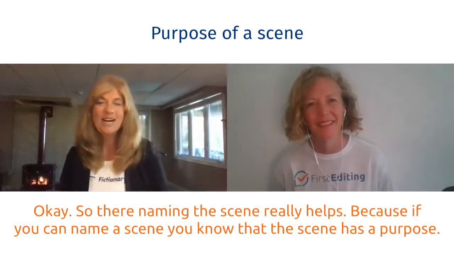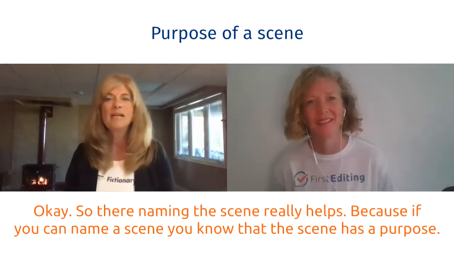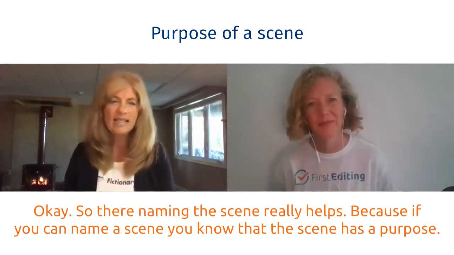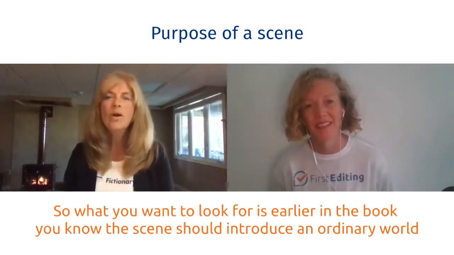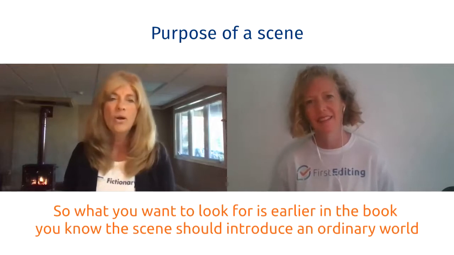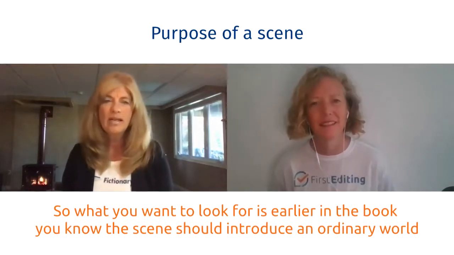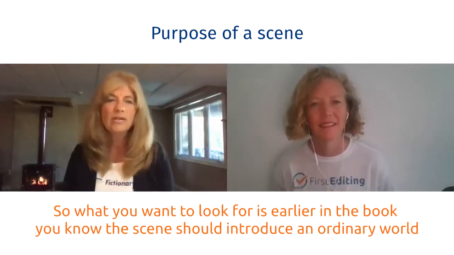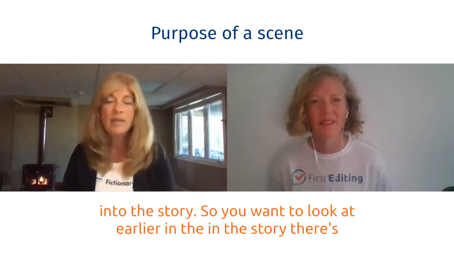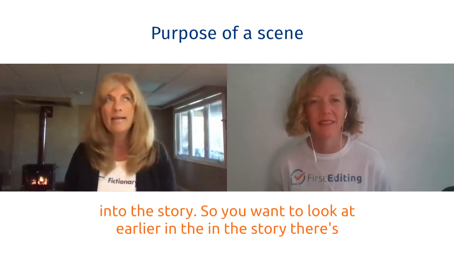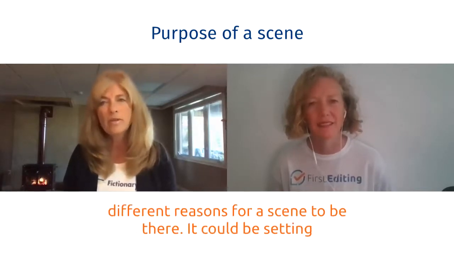Okay, so naming the scene really helps, because if you can name a scene, you know that the scene has purpose. So what you want to look for is earlier in the book, the scene should introduce an ordinary world and the protagonist, and it should entice the reader into the story. So you want to look at earlier in the story, there's different reasons for a scene to be there.